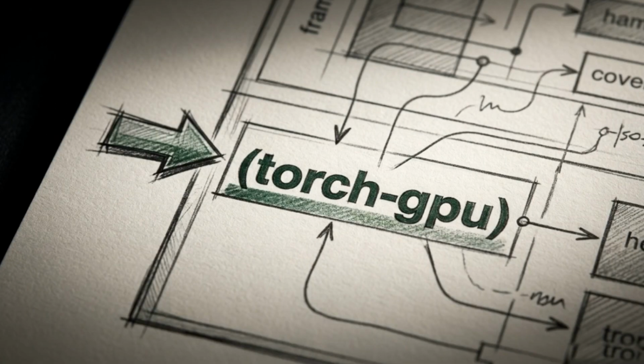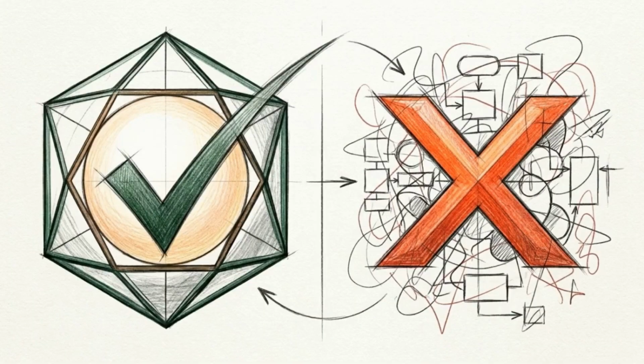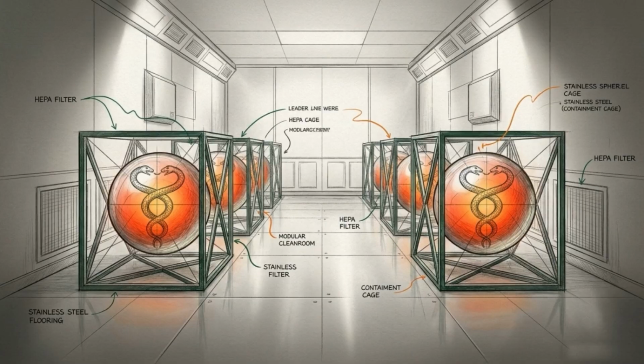The prompt should now begin with torch_GPU. This visual confirmation ensures you are safely inside the right environment and have not accidentally stayed in your base system. Keeping your Python environments isolated prevents different software dependencies from clashing, giving you a clean room for your AI development.